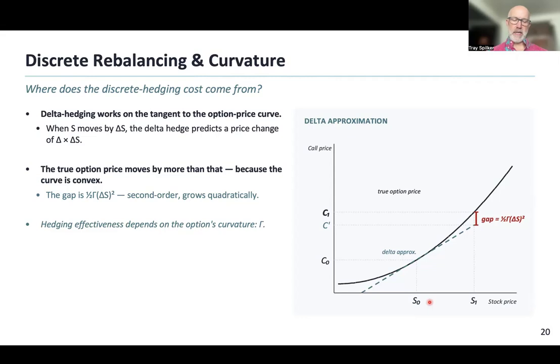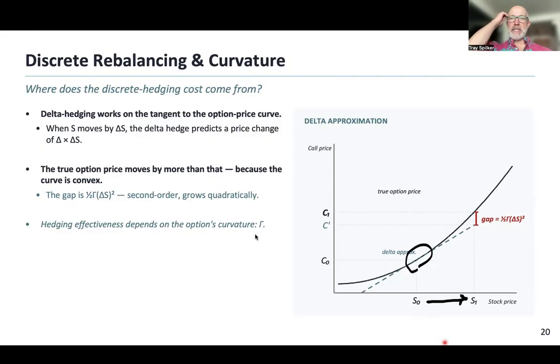And you can see that here. There's not much daylight between the tangent line and the option price line. But as you have larger and larger moves in the underlying share price, that is, if the share price moves from S0 to S1 here, well, that's a pretty big jump.